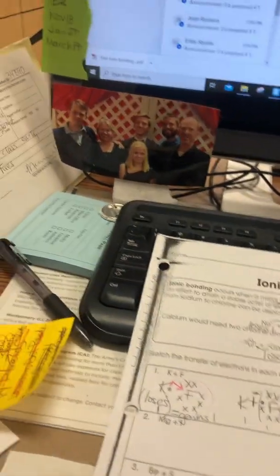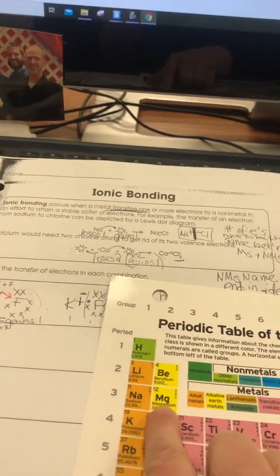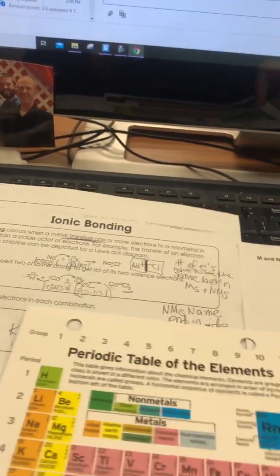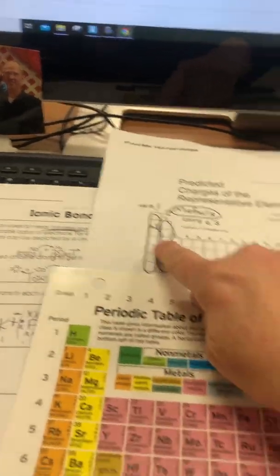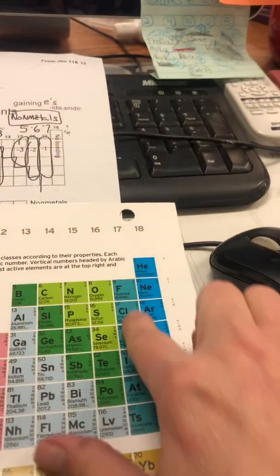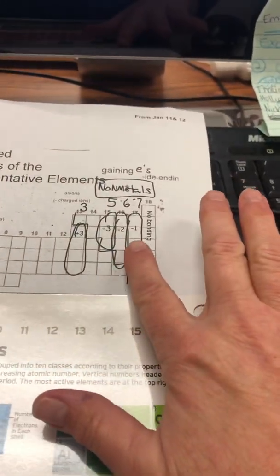Now the next one, we want to look at our chart and find magnesium. So I got a regular chart here too to help, but here's magnesium. It's in group 2, okay? Magnesium's here in group 2. And then we've got iodine over here, and he's a halogen, and then he's going to be -1, okay?